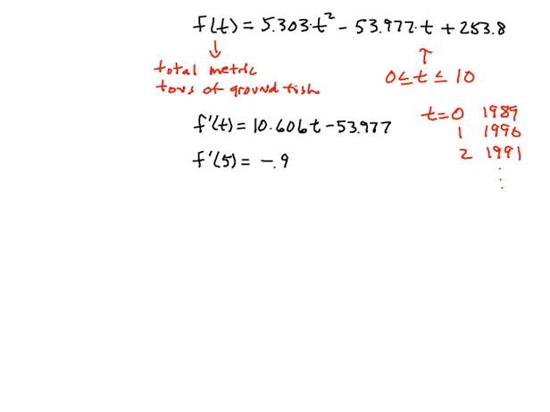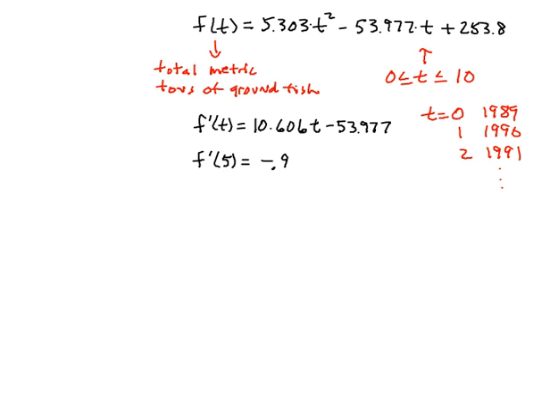And now what does that mean? That means in the beginning of 1994, the rate of change, first of all, is negative. And the function is calculating the total metric tons. So this is a negative 0.9 metric tons of groundfish per year. Notice the per year there.